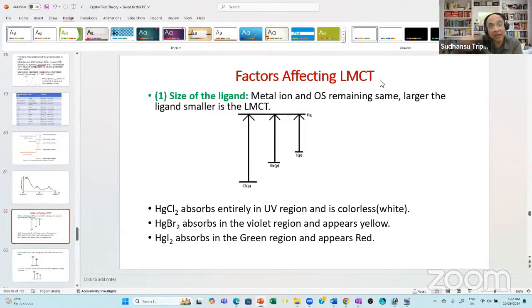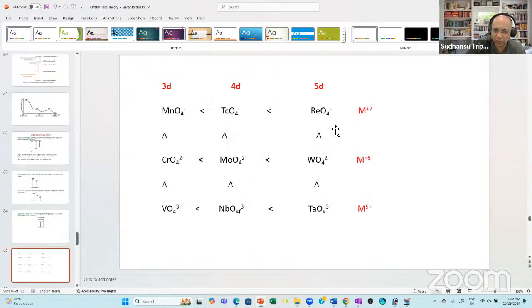Only the complexes with cyanide, carbonyl, thiocyanate, which have pi acceptor capacity, can show both LMCT and MLCT. These are not very important; it depends on the size of the ligand, that I have already told you. I am not going to repeat this.